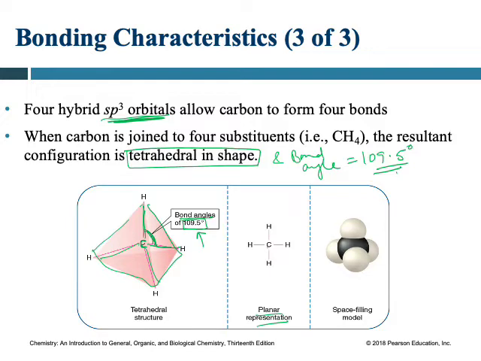Okay, so now let's take an example. I already told you carbon can form 4 bonds. This is carbon 1, this is carbon 2, right? So carbon can form a bond with another carbon, right? So let's take an example over here.